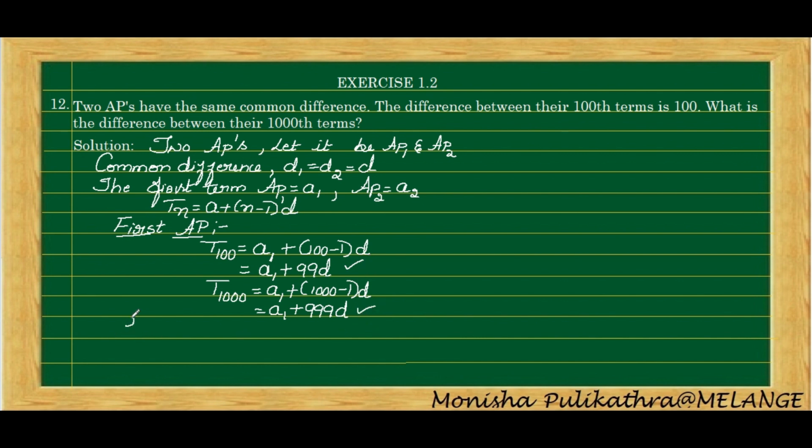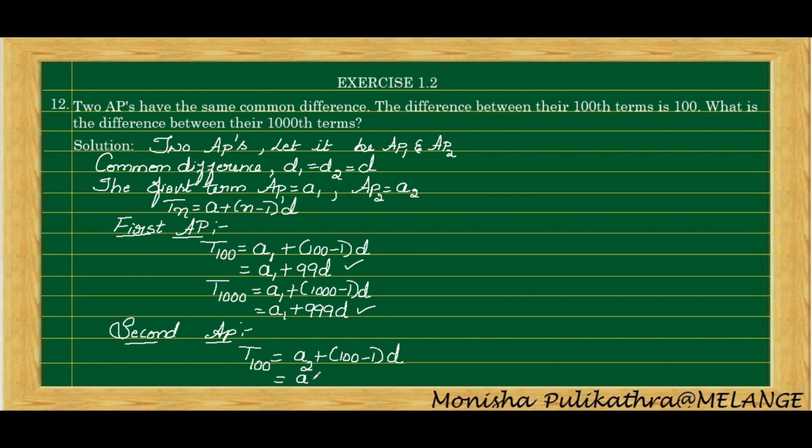In a similar way, we need to do it for the second AP. Since there are two APs, we need to calculate for both the APs. Here for AP2, the 100th term will be A2 plus 100 minus 1 into D. Since the common difference is the same, we signify it by D itself. Since the first term is varying, for the first AP we take it as A1 and for the second AP we take it as A2.